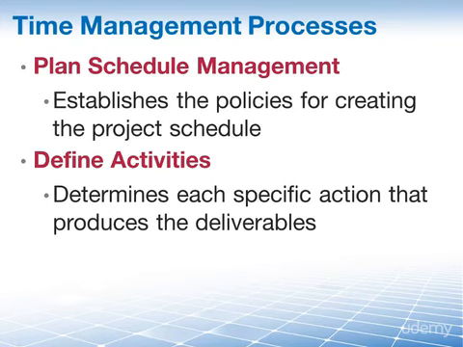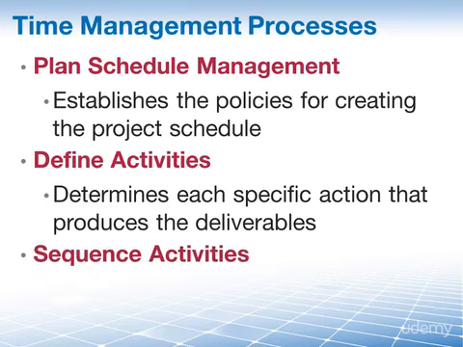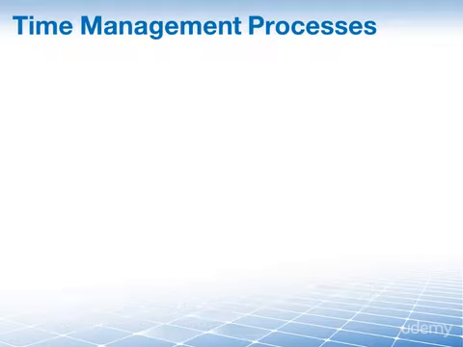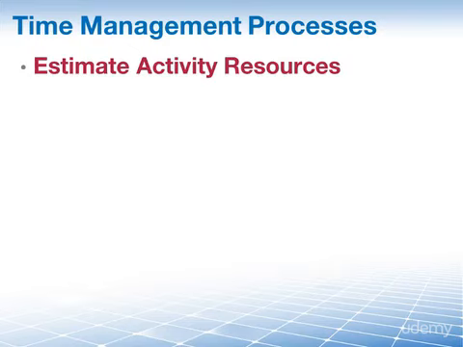And once we have these activities, we're going to put them in order. We're going to sequence them in the process of identifying and documenting relationships among the project activities. At this time, we know what we have to do and in what order we have to do it. But who's going to do it and how long is it going to take them? Well, that's what our next 2 processes are all about.